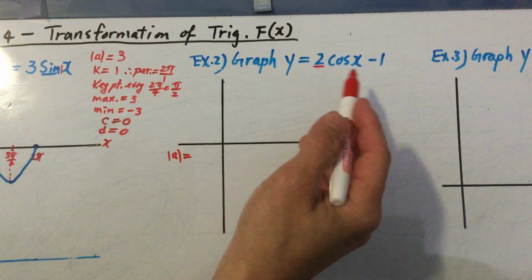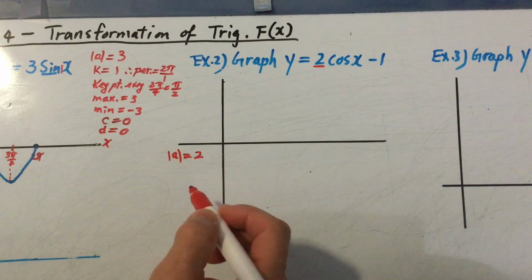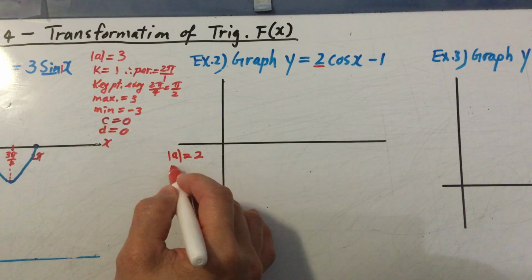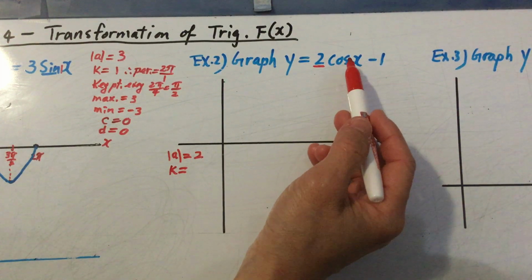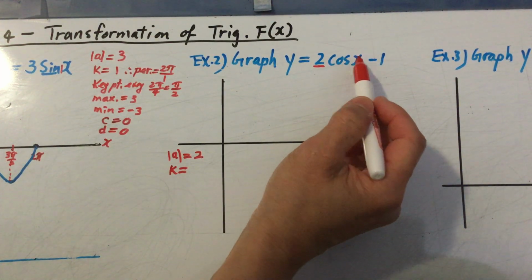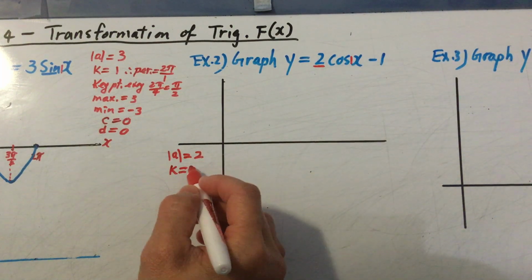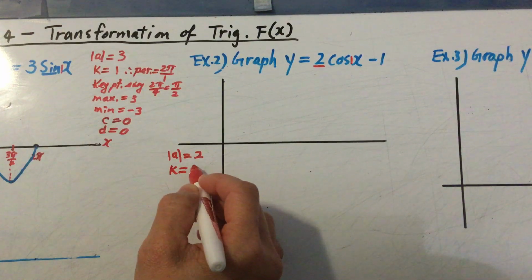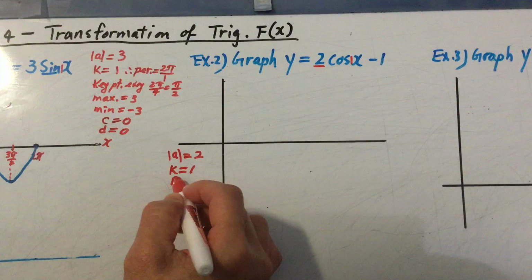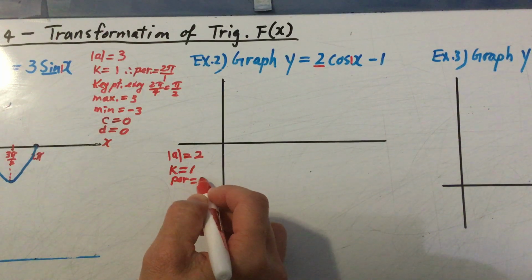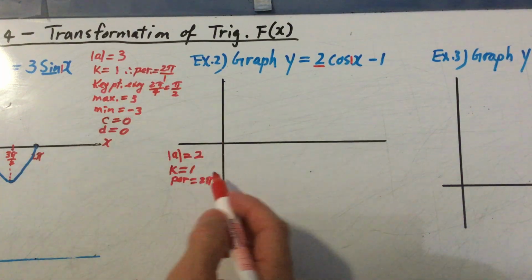This is the coefficient before the cosine, so this will have to be 2. The k value, what goes after the cos? Again, we see no coefficient before the x, so that is still 1. So k is equal to 1, so the period must be equal to 2 pi. Same thing as the previous example.